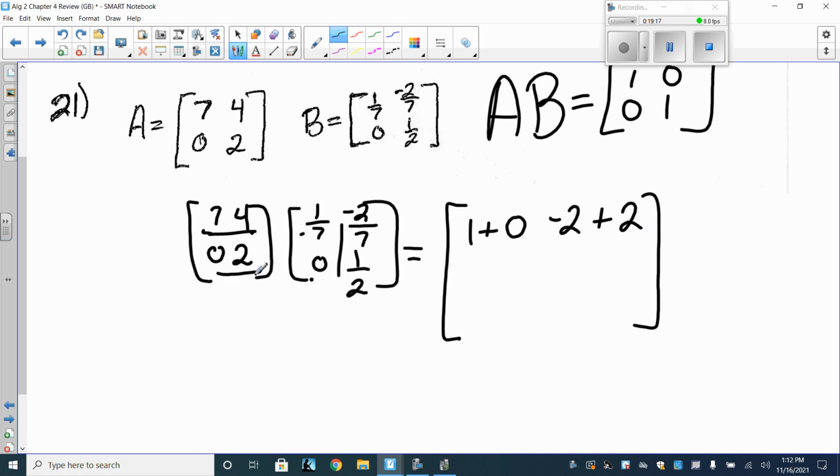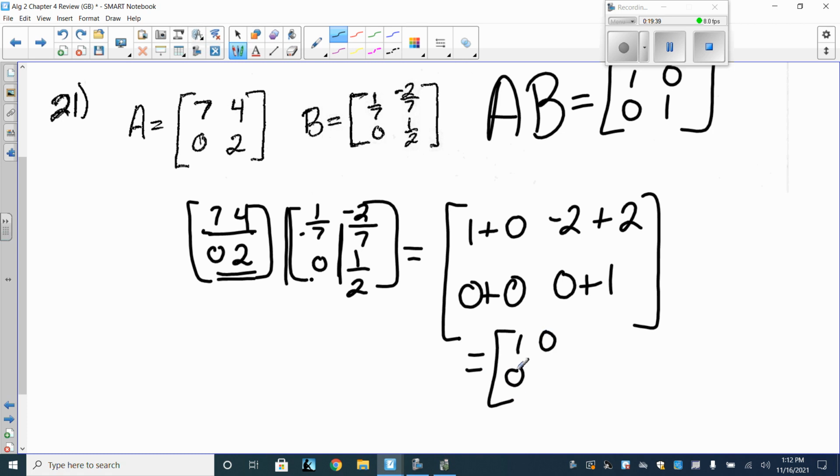Our next one, over and down, well, 0 times negative 1/7 is 0. 2 times 0 is plus 0. And last one, over and down, 0 times negative 2/7 is 0, and 2 times 1/2 is plus 1, which gives us 1, 0, 0, 1.